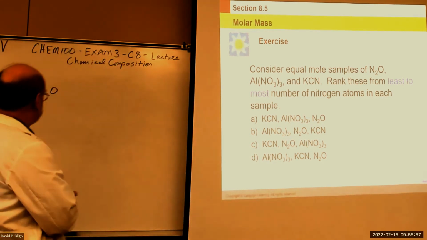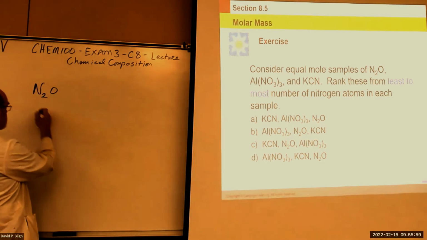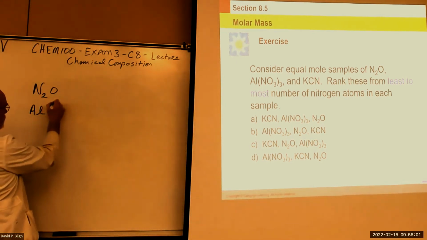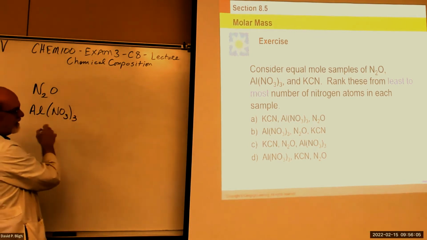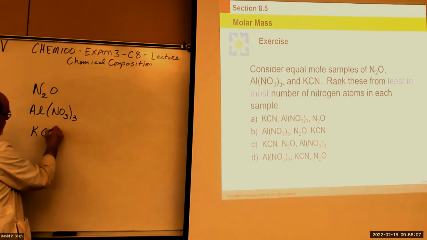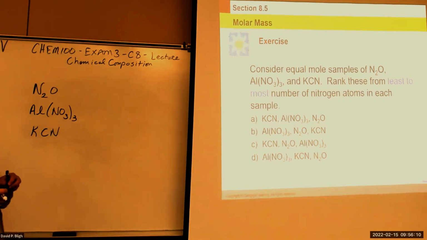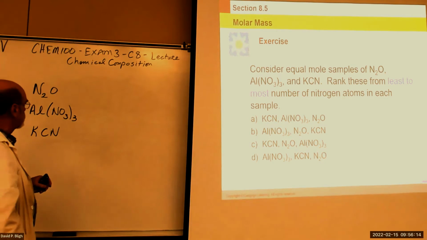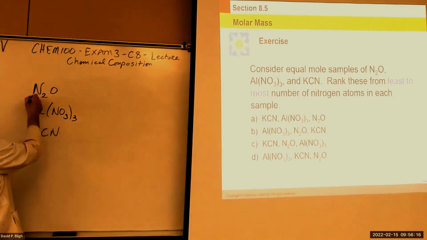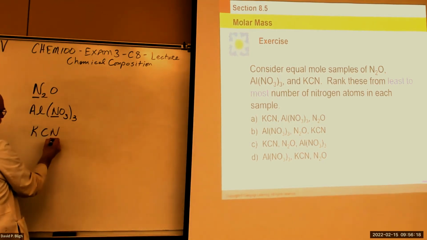So laughing gas and aluminum nitrate, and then potassium cyanide. And the question is least to most number of nitrogens. So we're focused on that, that, and that.